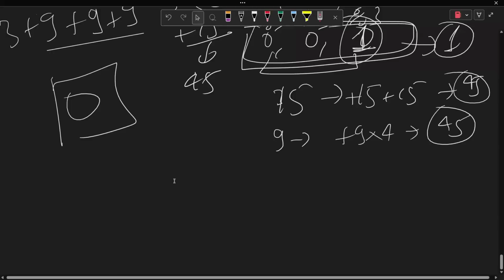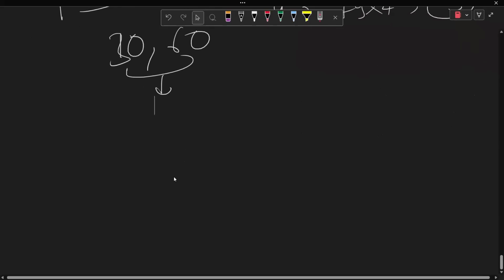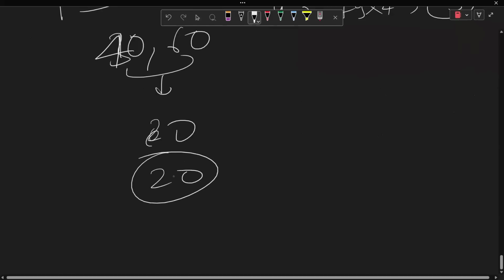Yeah, so the proof for that is basically, if this is 40 and 60, your GCD is 20.